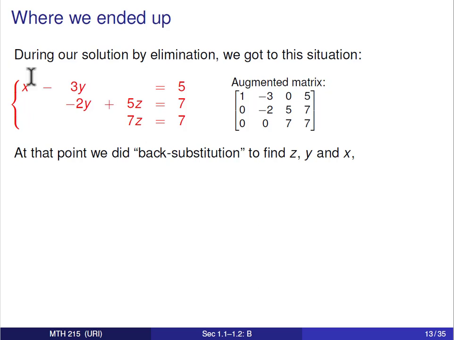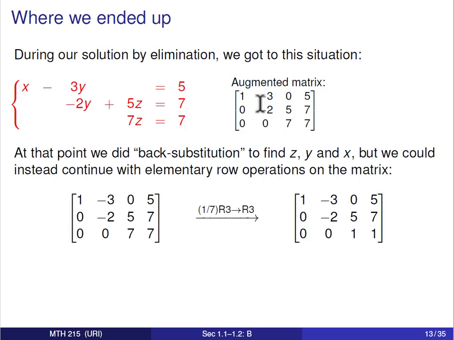Now, you reach that phase, that switch, when you get your equations to look like this. And in matrix form, the augmented matrix looks like this. So we will take a look at this and give a special name to matrices in that form.